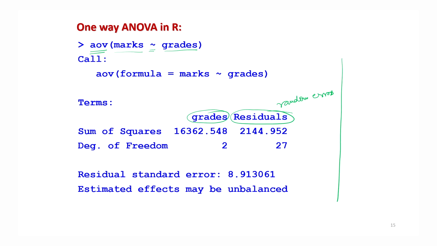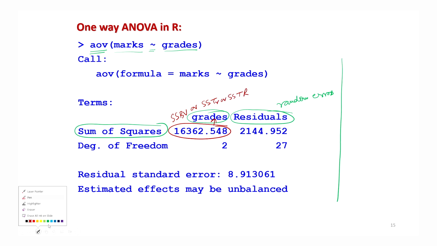Now we are trying to find the sum of squares. So I can say this is the sum of squares due to grades, or in your terminology this is SSBV, or this is SS treatment, or SSTR as you have written. Now after this, this value 2144.952 is the sum of squares due to residuals.